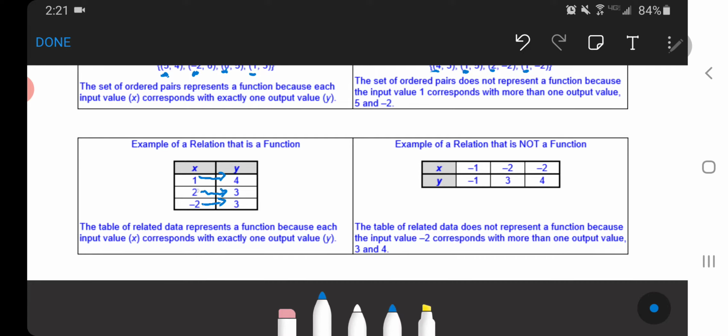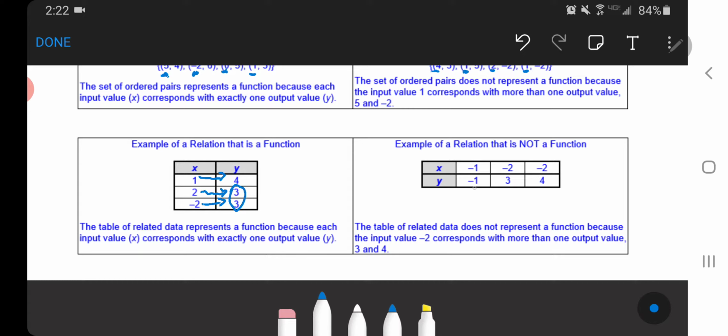Once again, each x value goes with exactly one y value, which is great. It does not matter that the y values repeat. You can have multiple x values going to the same y value. That's fine. It's the other way around, where the x value can only go with one specific y value.